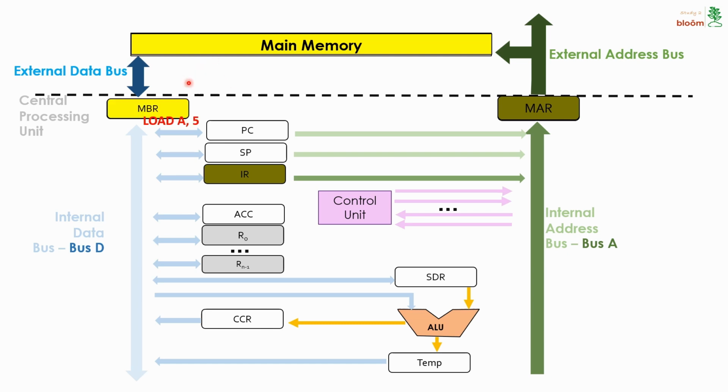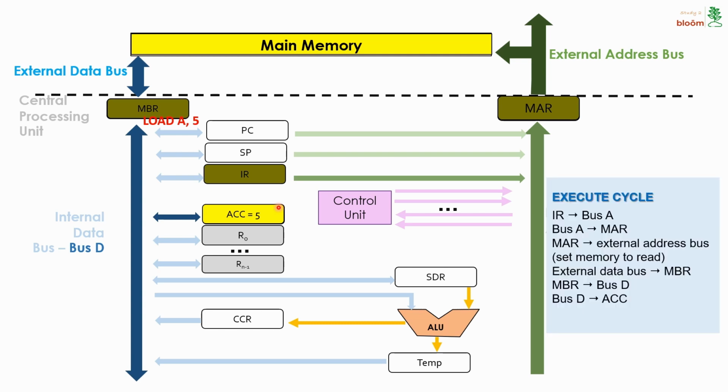Memory buffer register will get the content, the 5, and then it has to be loaded to A. So MBR will connect with the ACC via the internal data bus and it will store value 5 inside ACC.